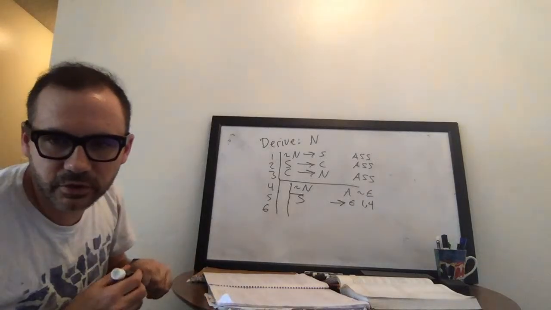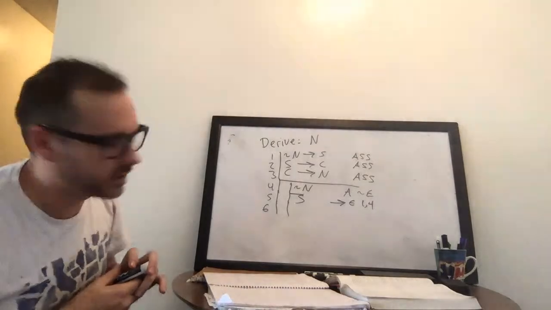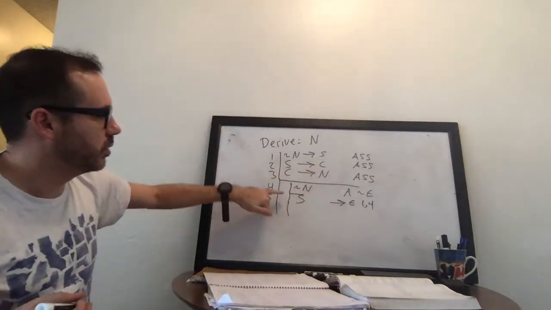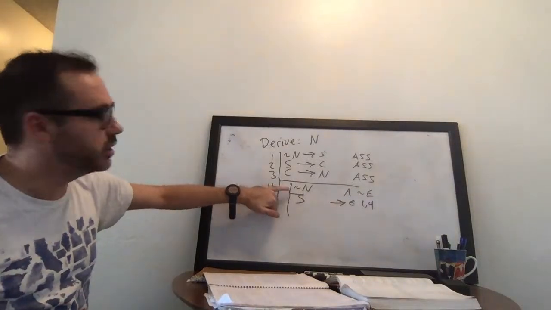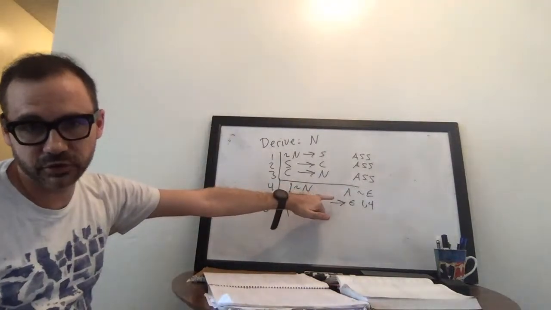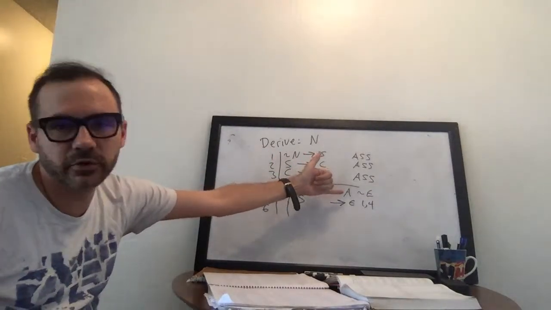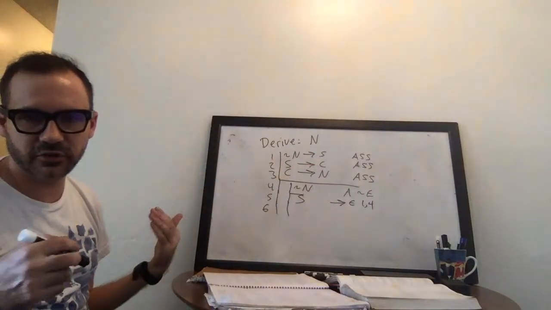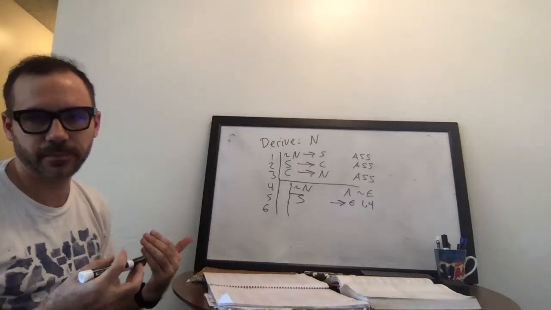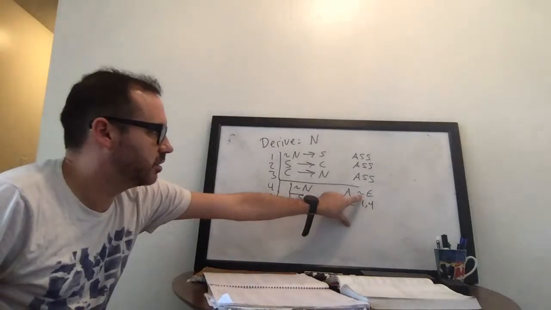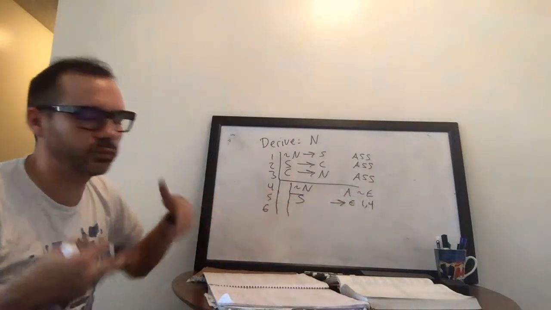Okay, Brenda, for line 4, why is the A next to tilde N? Because this signifies assumption. When we start a subderivation, we always write the letter A off to the right because we are making a new assumption. The A stands for assumption. Subderivations always open with an assumption. So they always say A and then the symbol for the rule.